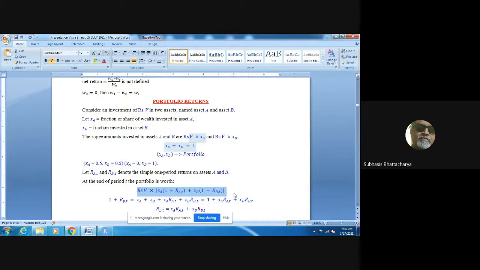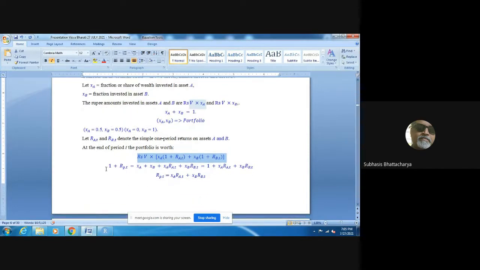If I consider two assets, we identify the gross return as 1 plus RP, where RP stands for portfolio, and that equals these two terms added. If I break these two, I get these results. Just look: XA plus XB is always equal to 1 from the previous one, whether it is 50%, 50%, or 0, 1, or 1, 0, or 80%, 20%, anything.